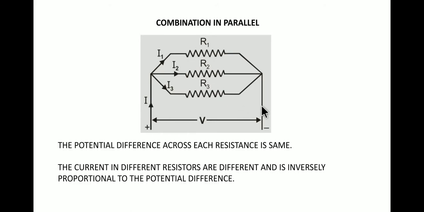This current is the same, but at this point it gets distributed differently. Overall, the current which flows remains I, that is fixed. So I has to be equal to I1 plus I2 plus I3. If there are other resistors also combined in parallel, then their currents will be added over here in a similar way.